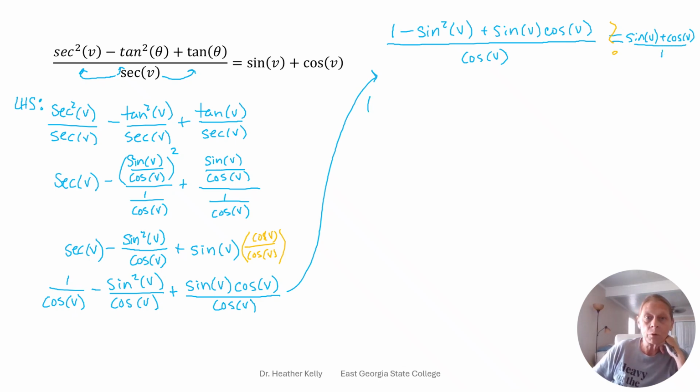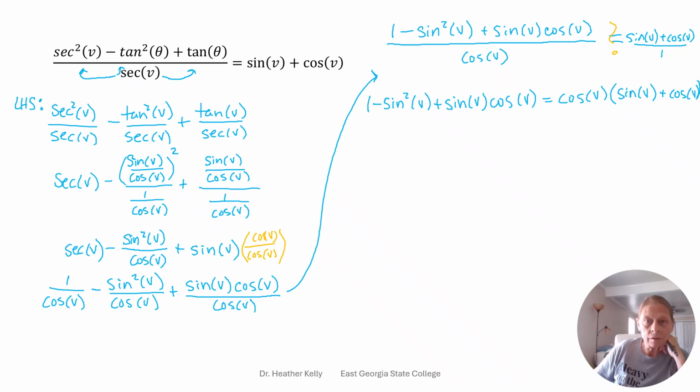So we'll wind up with 1 minus sine squared v plus sine v cosine v equal to cosine v times sine v plus cosine v.